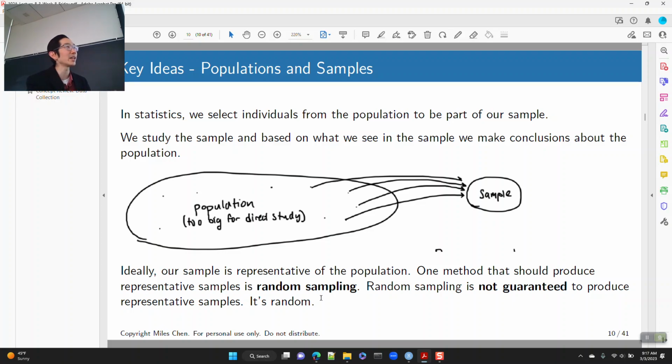Differences in diet, differences in genetic things could affect the results. So, ideally, whatever sample we're looking at is representative of this population, whatever that is.